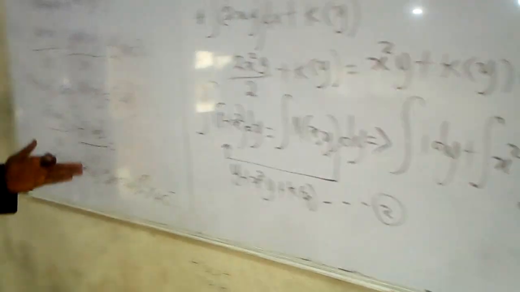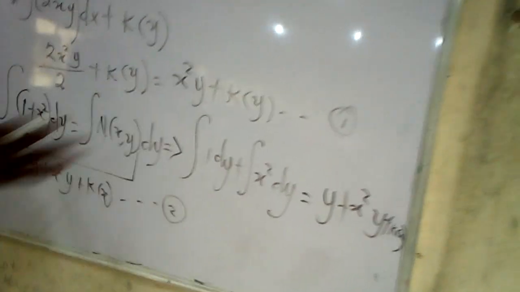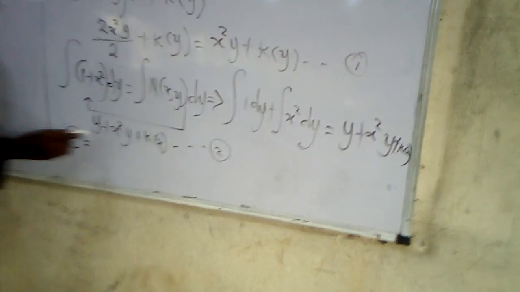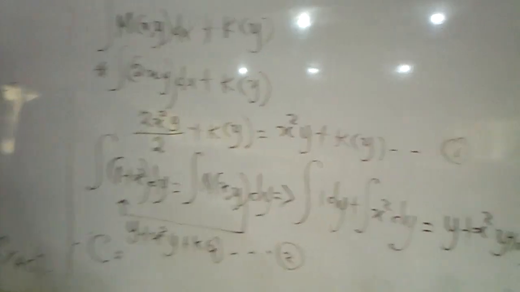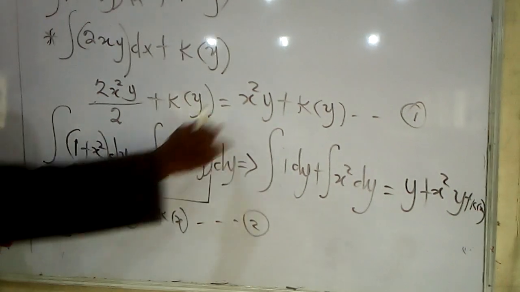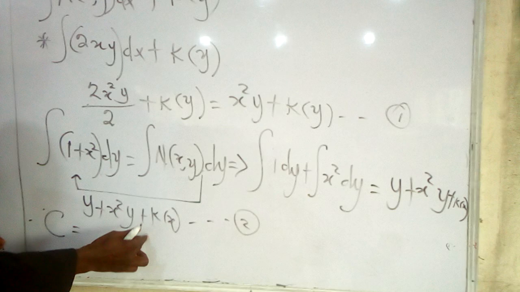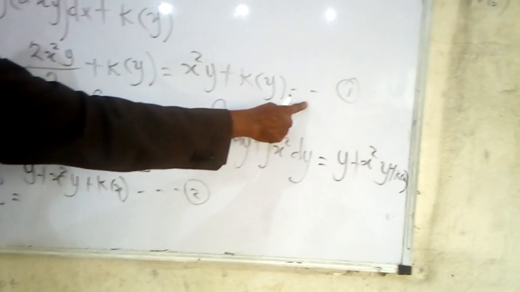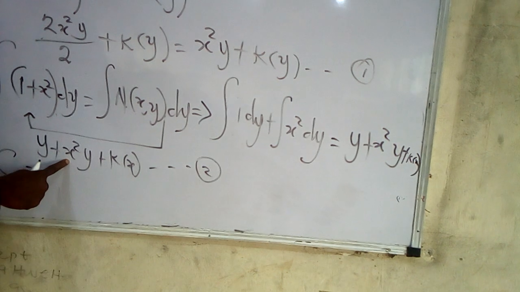We compare equation 2 and 1 and add them together without any repetition, and say, therefore, C, which is the general constant, for the exactness expression. From the two solutions, equation 1 and equation 2, there must be exactly the same term, which is x squared y, found in equation 1 and also in equation 2.